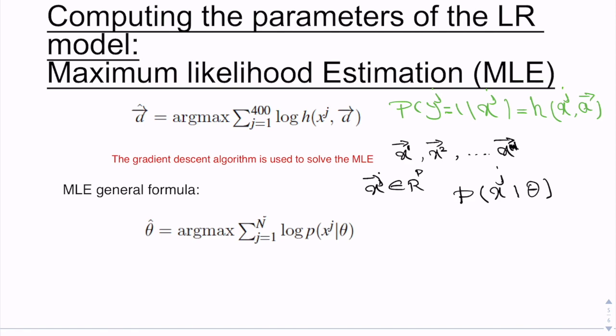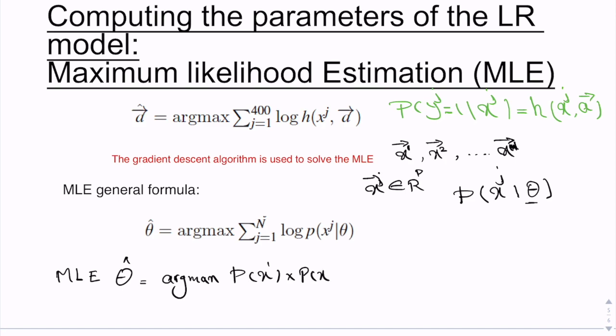Maximum likelihood estimation says, I want to find the parameters that maximize the probability of seeing this data. If I have n samples, then I will form this: the maximum likelihood estimation is finding theta, which is basically the arg max of the multiplication of these probabilities, p(x1) times p(x2).